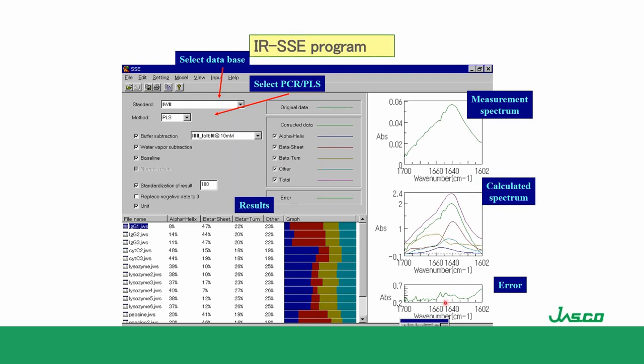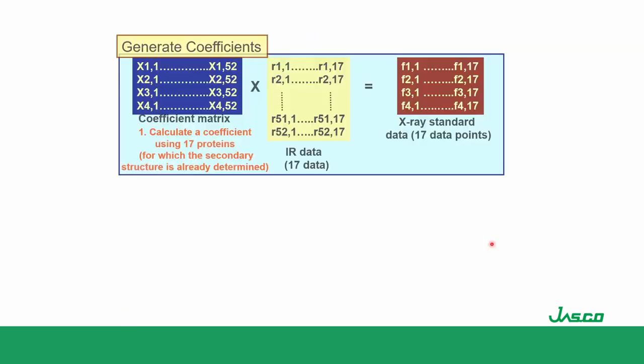We have the results here. On the left-hand side, and in the right-hand side, we have the measurement of the spectrum that I mentioned before, 1700 to 1600. Calculated spectrum, this is the deconvoluted spectrum. So we have here the peaks that correspond to alpha helixes, beta sheet, beta turn, and others. But we have the error that was used for the calculation of that estimation.